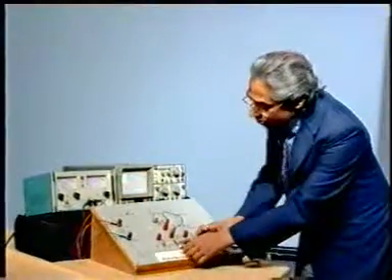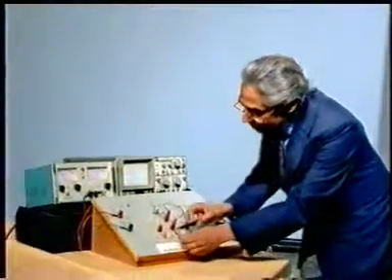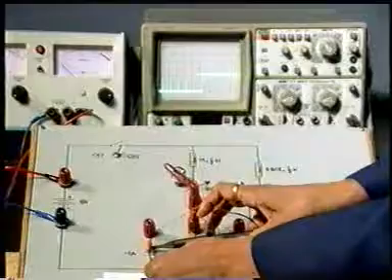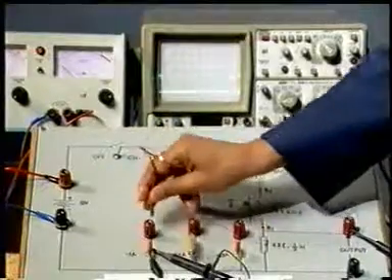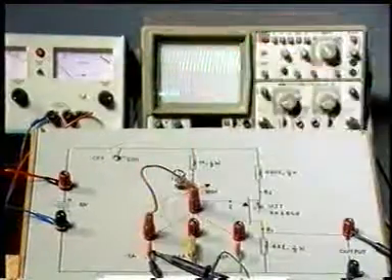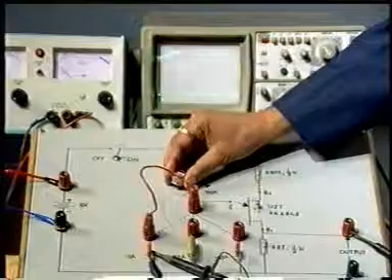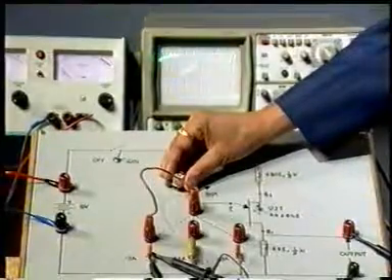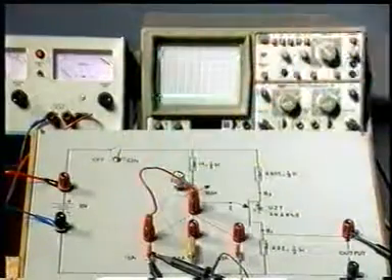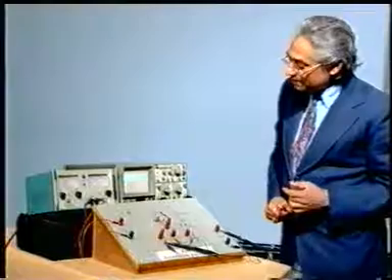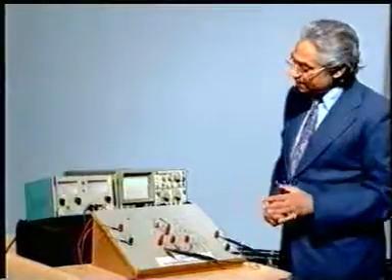I can also change it to the first capacitor, that is 0.1 microfarad. Let me connect it here. So this will be connected here, and again I can now change it. So with the help of the potentiometer also I can change for a particular value of capacitor.